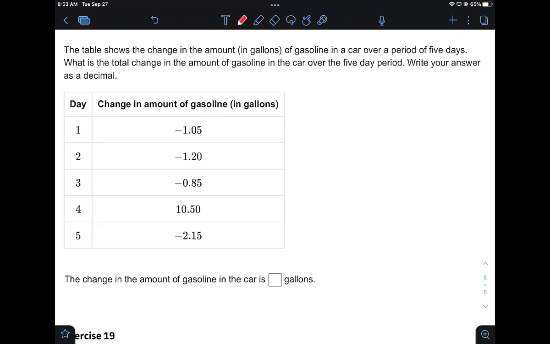So to find the change over this 5-day period, it might actually be a good start for us to figure out the total amount of gas that we used. So let's look at the negative numbers and let's join forces with the other negative numbers. When a bunch of negatives join forces, is the answer positive or negative?